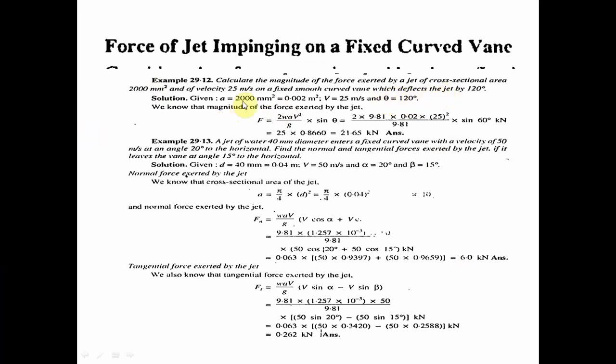So given area equal to 2000 mm square, that is equal to 0.002 square meters, V equal to 25 meters per second, and theta is equal to 120 degrees.